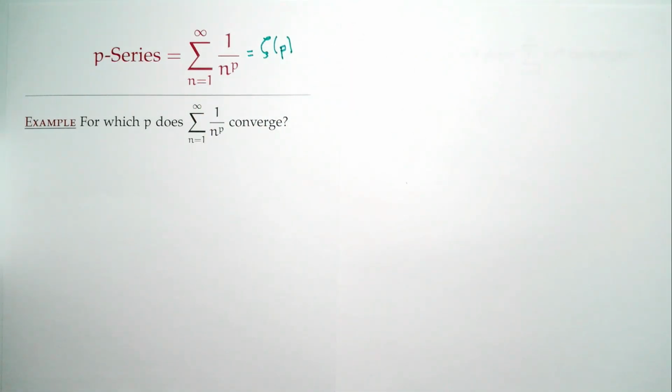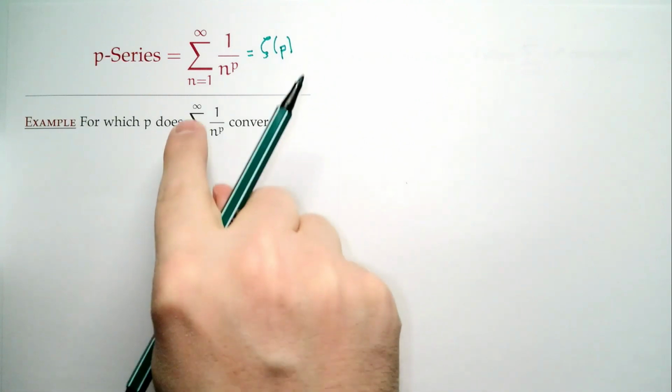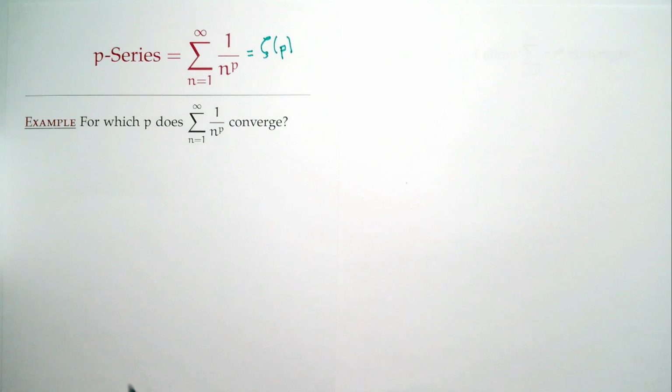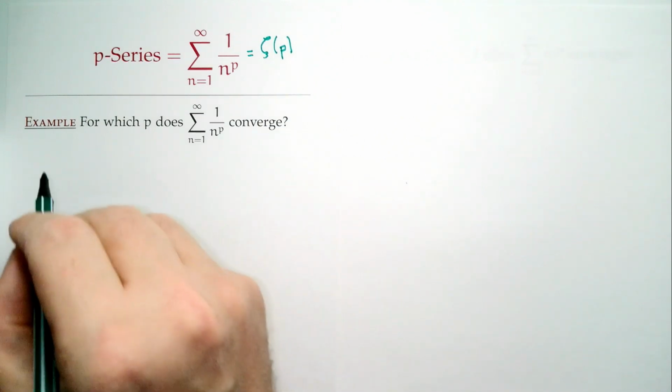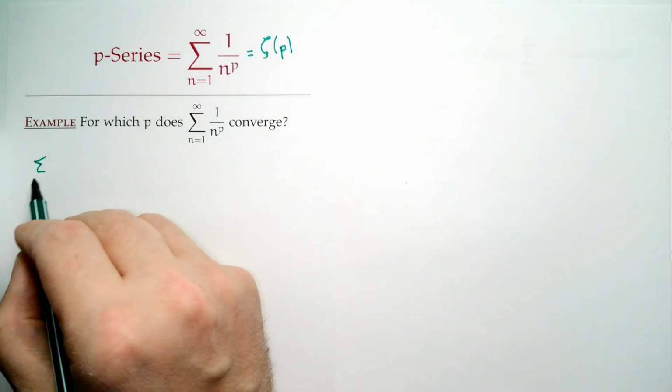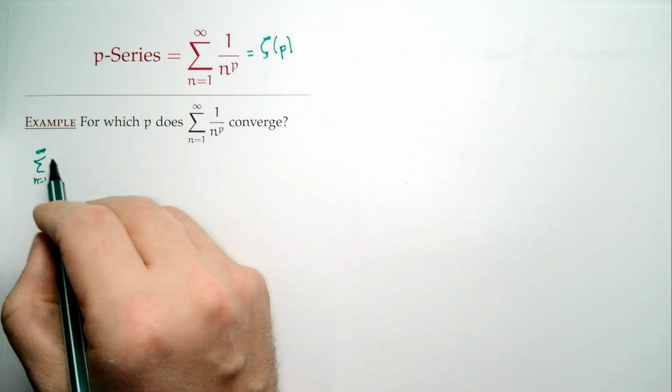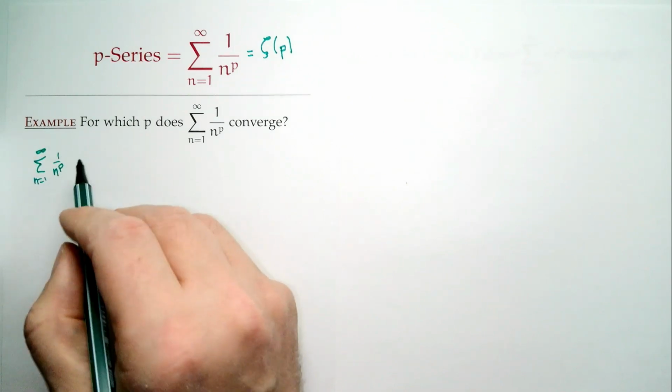So, all right, does this converge? Does it not converge? All right, so what can we do? Well, we want to figure out for which p does the sum of 1 over n to the p converge. So we say, look, we're going to connect the sum to the integral.